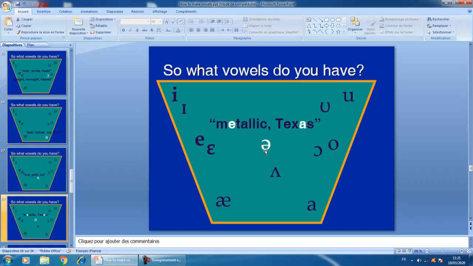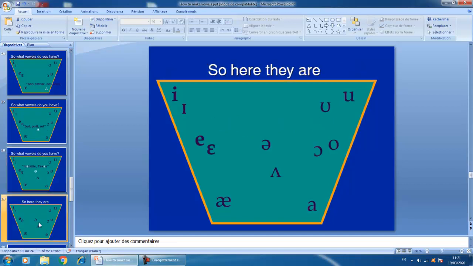This is pronounced metallic Texas. Okay? So, roughly speaking, this is the figure containing the English vowels. Just remember them, and remember the examples of words showing to us the pronunciation of each of them.